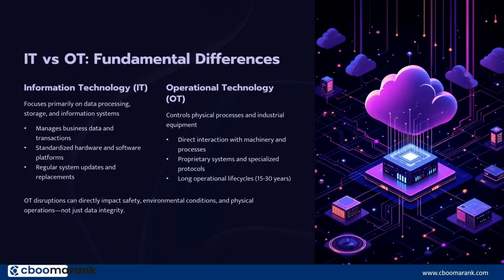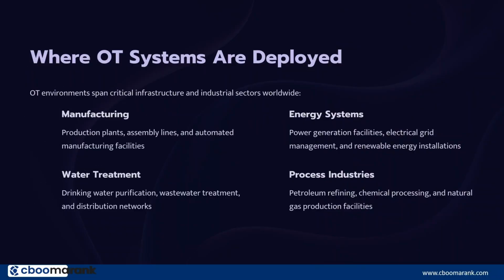Now let's move to where OT systems are deployed. Operational technology systems exist in many critical sectors. This includes manufacturing facilities, power generation plants, electrical grid systems, and what we call renewable energy infrastructures. They also include water purification plants and wastewater treatment facilities.